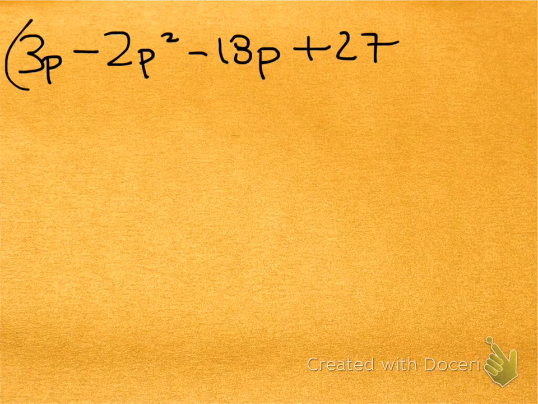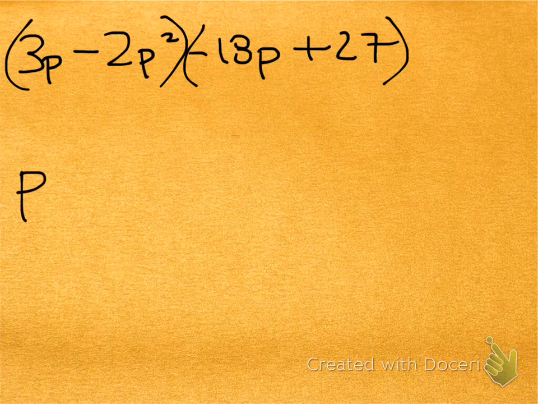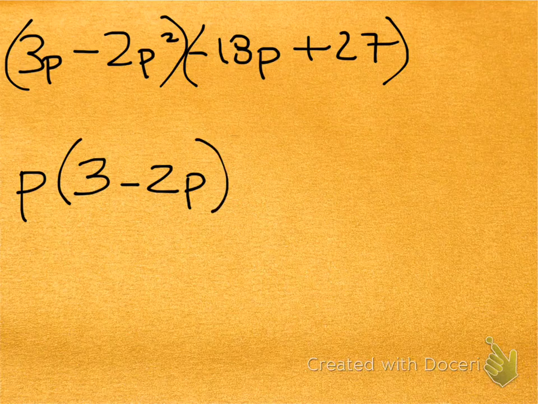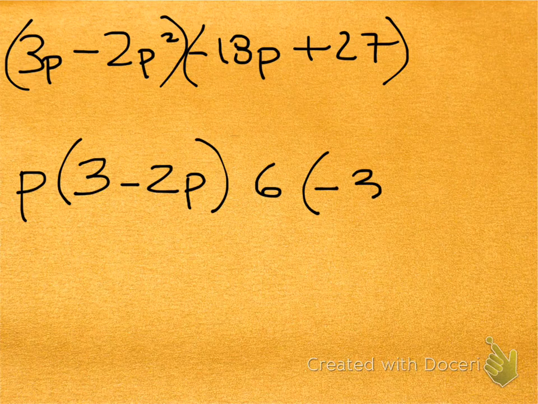So we have 3p minus 2p squared in parentheses and negative 18p plus 27. We're going to take a p out, so we have 3 minus 2p, and then we're going to take a 6 out, it looks like, and we have a negative, or 9 out.